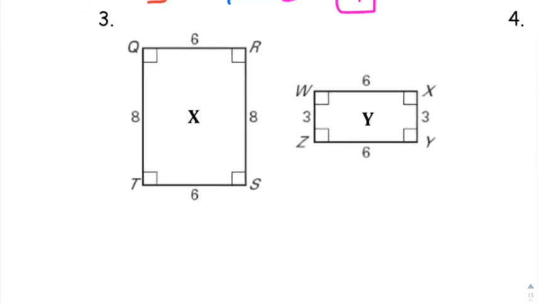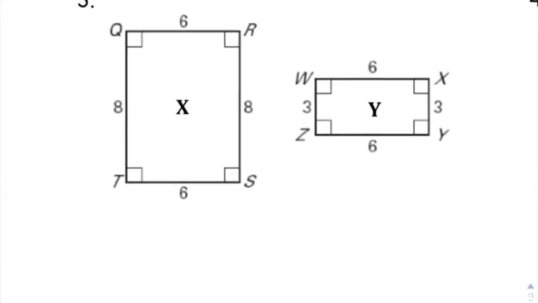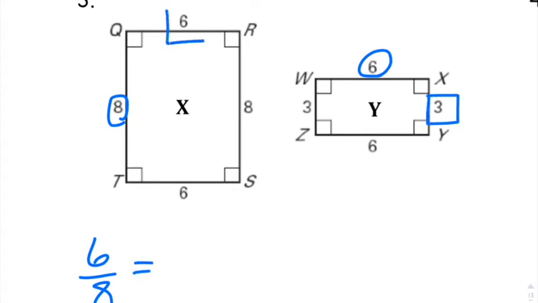Now every now and then they'll try to throw you off and rotate an object, or maybe use slightly different numbers. So here's what I'm going to do. I'm going to take my longest side, 6, and compare that to the longest side of figure X right there. So we have 6 to 8. Now I need to compare that with the shorter side of the rectangle, 3 and 6.